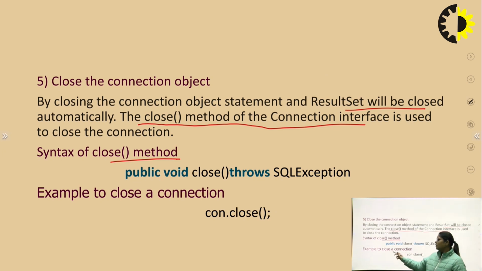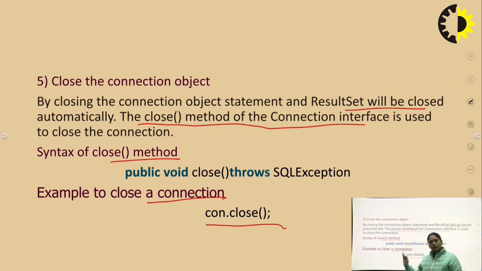The syntax of this close method is public void close() throws SQLException. Then how can we close this connection? con.close(). Here con is the object which we created at the time of opening the connection, the object of Connection. So we have closed that connection by writing con.close().